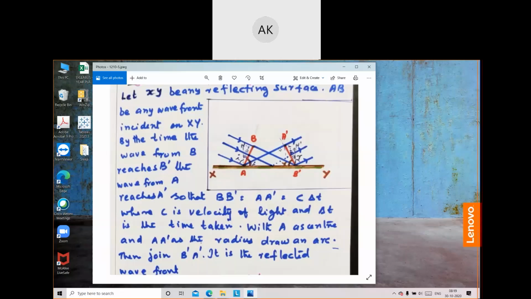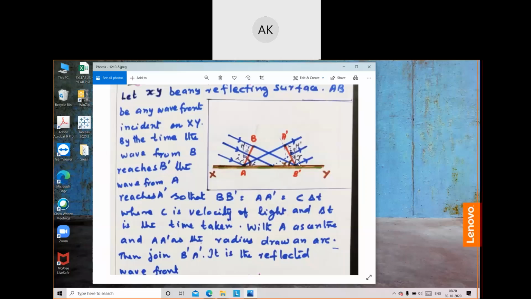How much distance the wave from B takes to reach the point B dash, the same distance the reflected wave also will cover. So with A as center and A dash as radius, draw an arc.